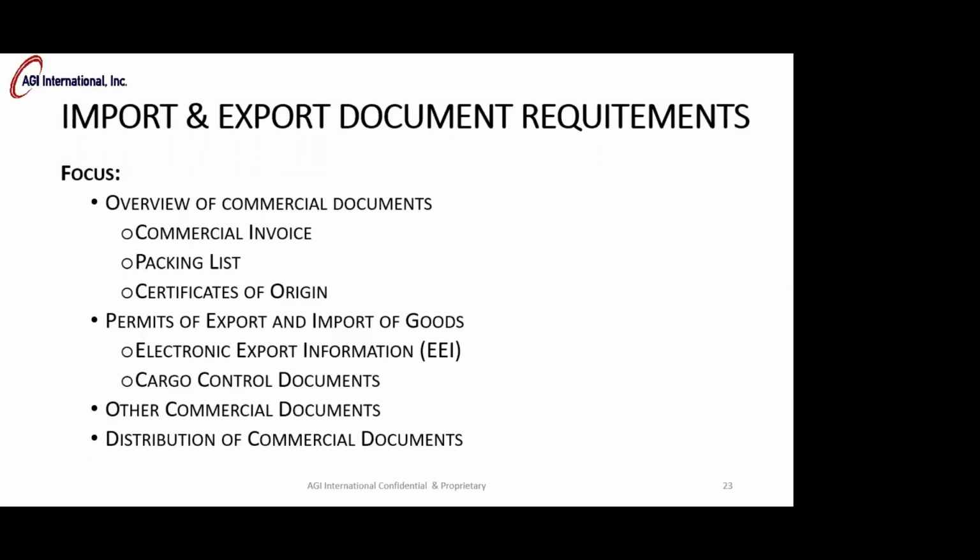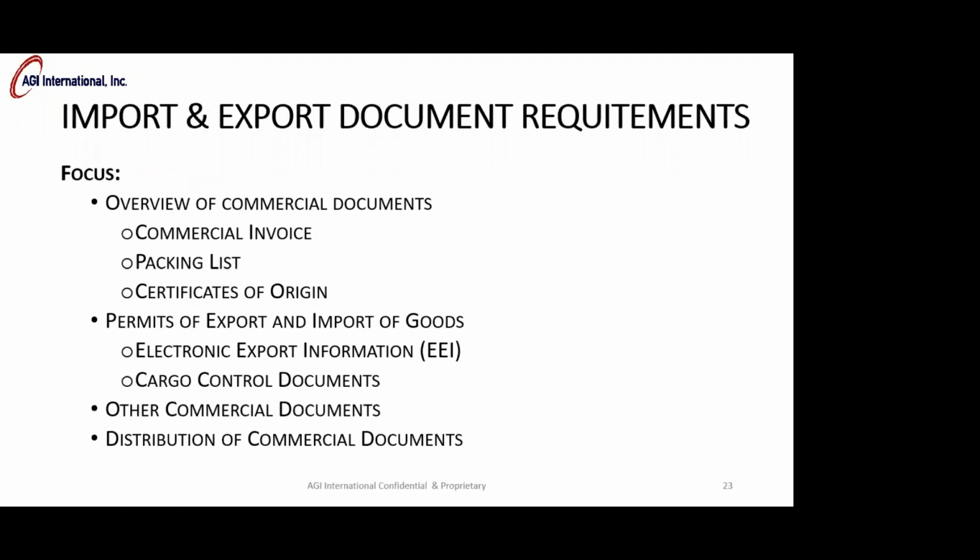The import export document requirements. Again, it's an overview of the commercial documents: the commercial invoice, packing list, certificate of origin. Now, I didn't put it in there, but the bill of lading should be in that market as well. The bill of lading should match the commercial invoice and the packing list. Then there are permits for export and import goods.